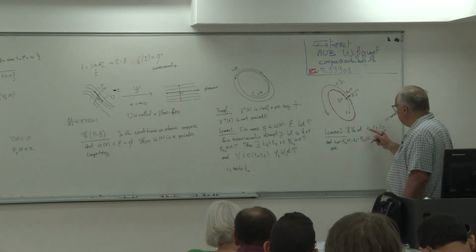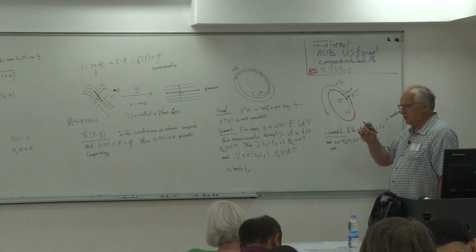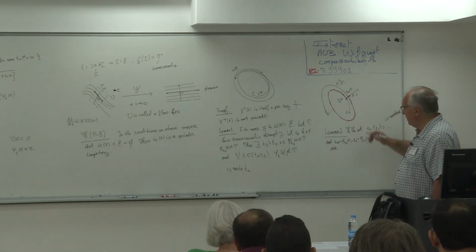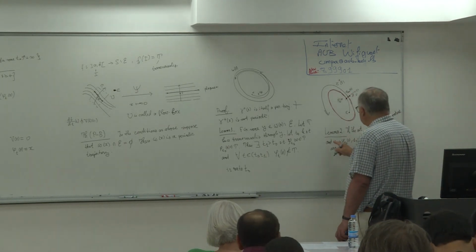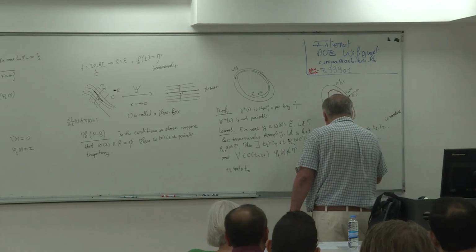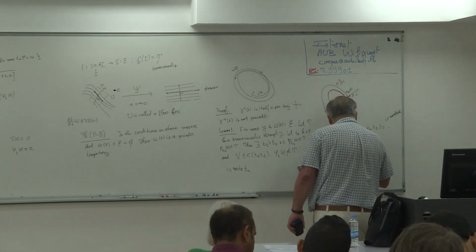You can always take this set to be monotone because phi t of x approaches y. So then the set is monotone as well.